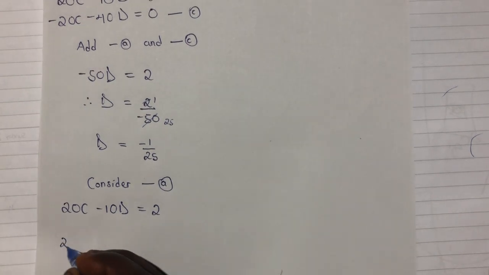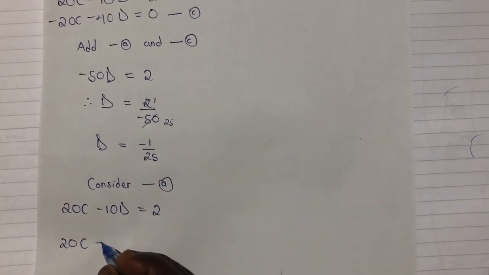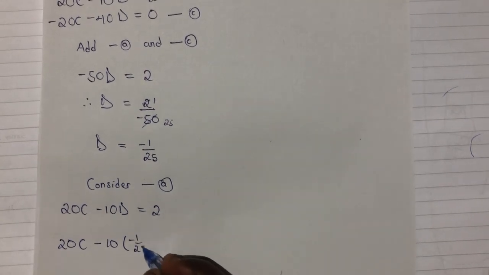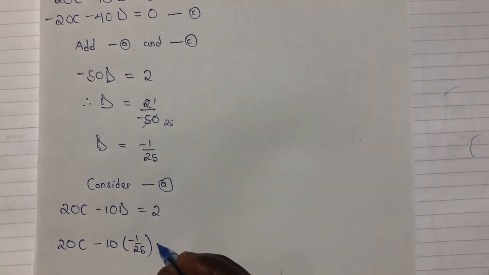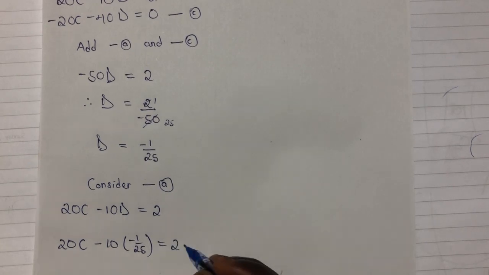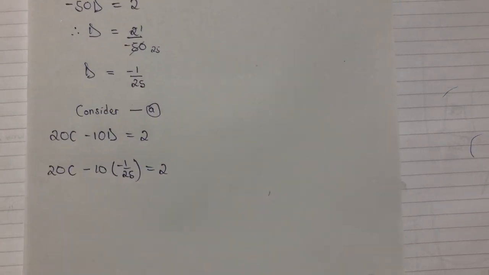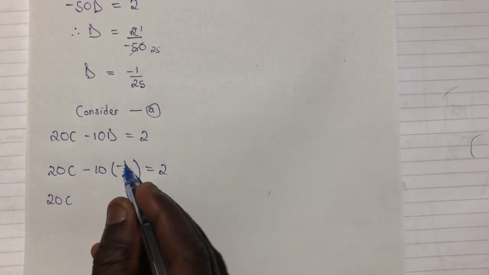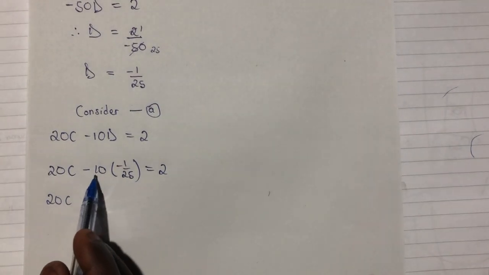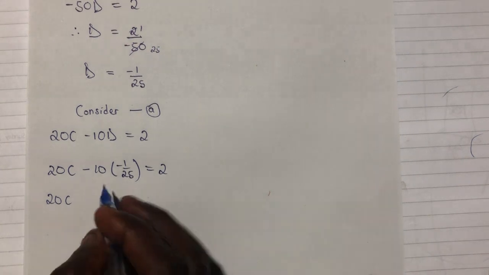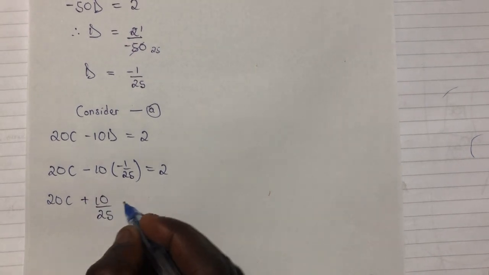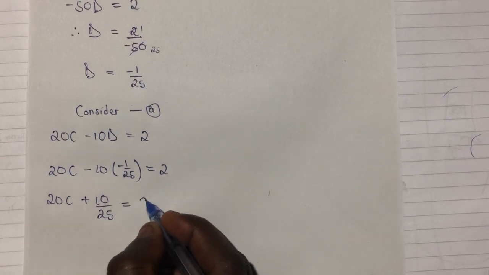So we have 20C minus 10, and D is minus 1 over 25, equals 2. When I do this, I am getting 20C, remembering that this is a whole number so it is over 1, plus 10 out of 25 equals 2.